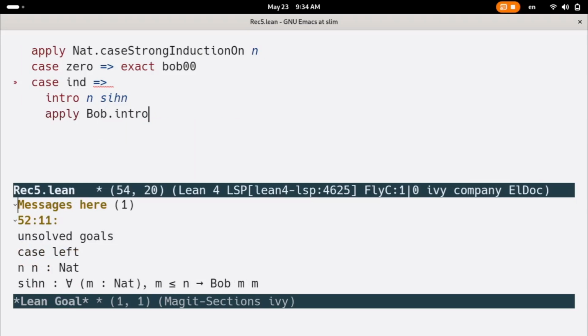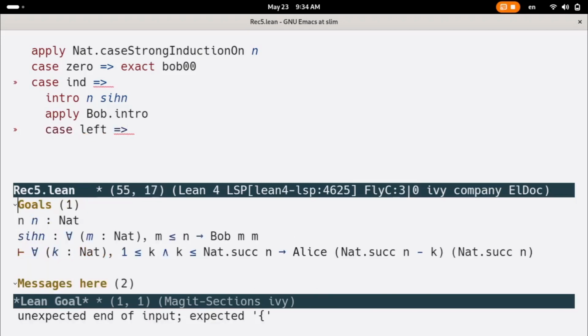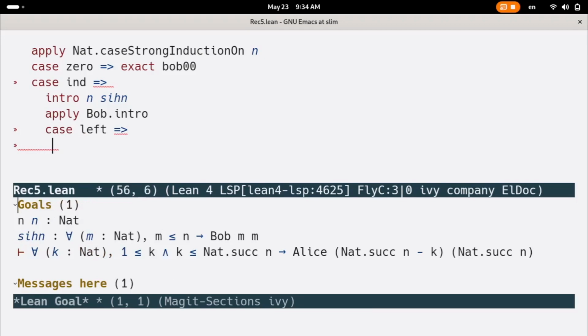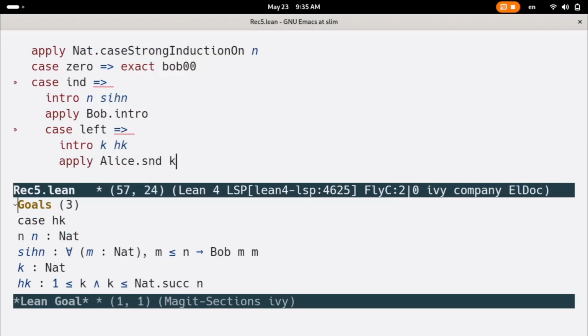We proceed by applying bob.intro, and now we have to prove the left and right cases. In the left case, we can introduce the variable k and the hypothesis on k, and we have to prove that Alice wins the game n plus 1 minus k, n plus 1. Alice wins this by picking k coins from the second pile.